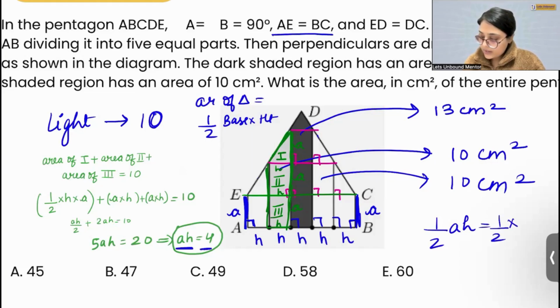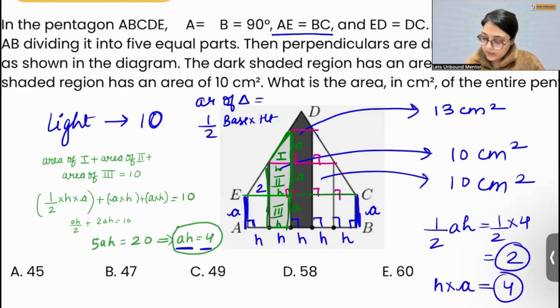So that means area of triangle is 2. And what about area of rectangle? Area of rectangle is length times width, which is H times A, or A times H, that is 4. So that means the rectangle area is 4. So together this smaller trapezium is 2 plus 4, so 6.